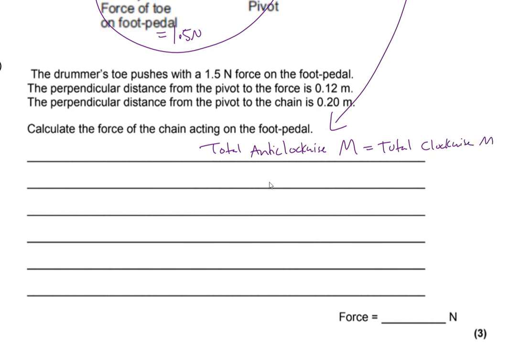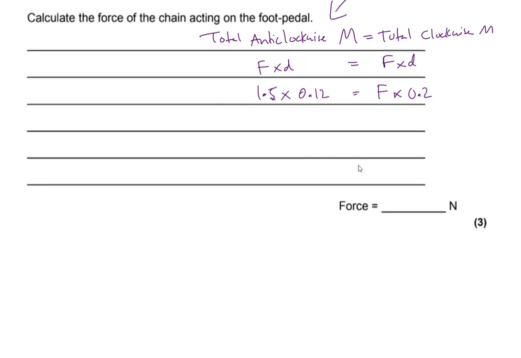So anti-clockwise moment, F times D, is equal to F times D. So therefore this is 1.5 times 0.12 is equal to F, which we're looking for, times 0.2. Okay, so therefore we're going to have 1.5 times 0.12 divided by 0.2 equal to F, and F is equal to 0.9. Here we go.